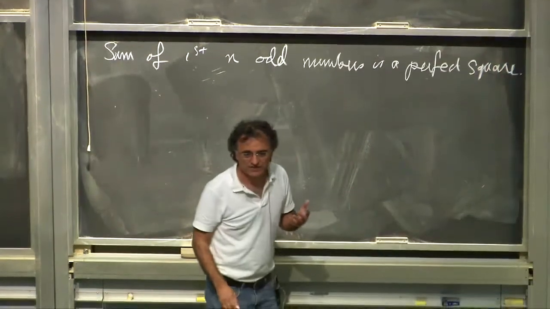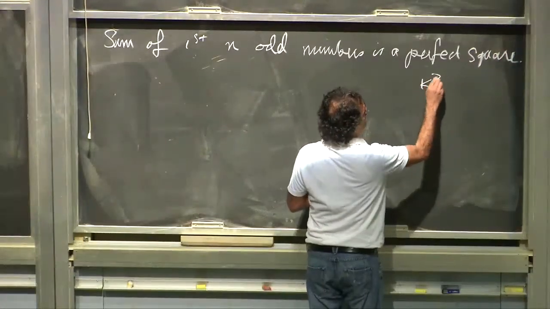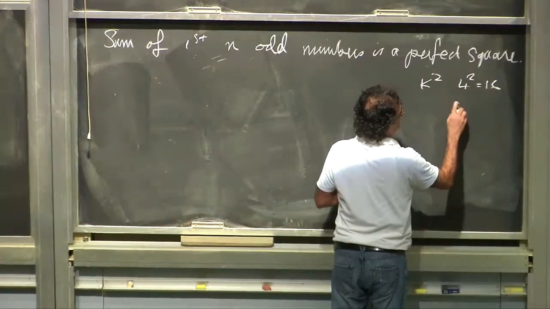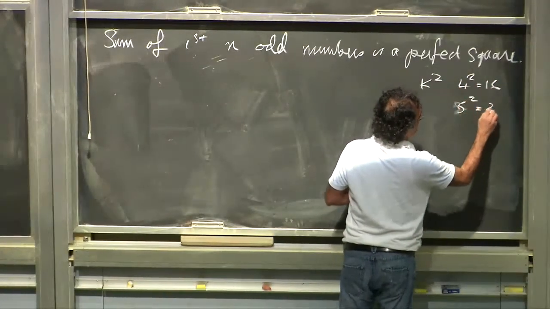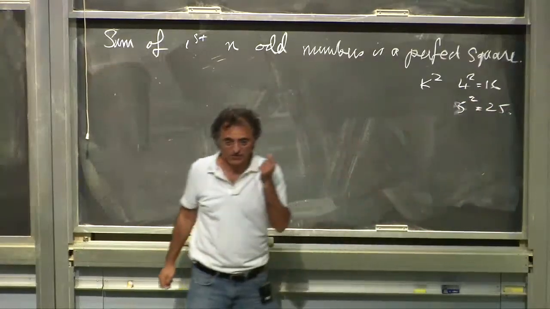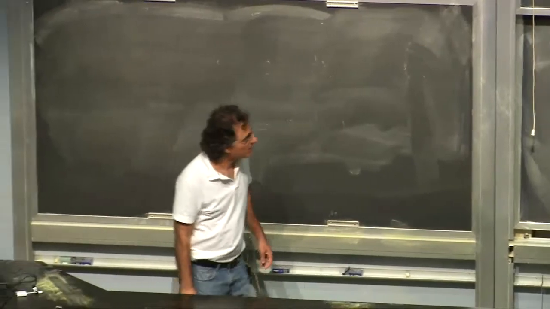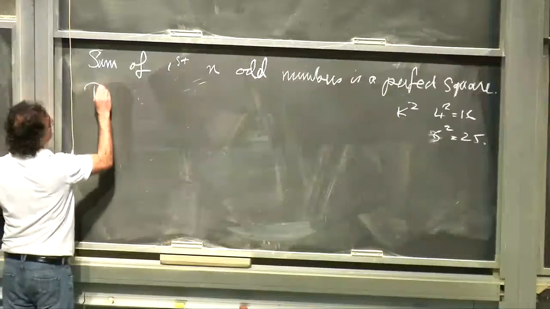Perfect square, you know what that means, right? Like k squared, like 4 squared, which is 16, or 5 squared, which is 25. So it's a square of a natural number. Okay? Proof by induction.